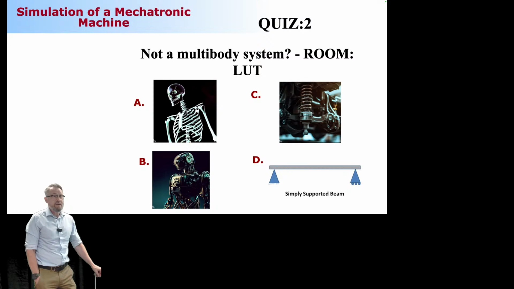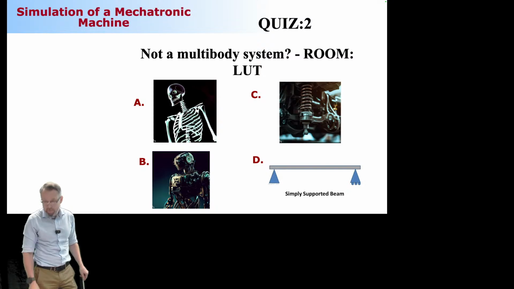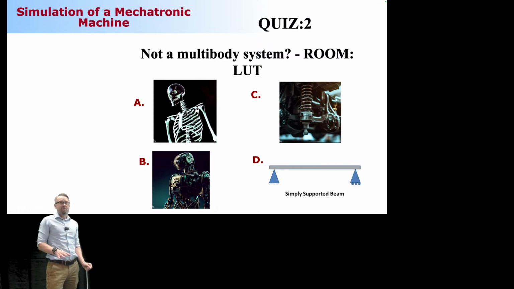This is a very affordable car like this. Soon it's going to break from the front suspension. This is for team Finland because I heard that they just purchased a car worth 400 euros, and it already got a broken front suspension. Okay, so it's a front suspension of the vehicle. And the final one is a simply supported beam. One is not a multi-body system, but which one is not?